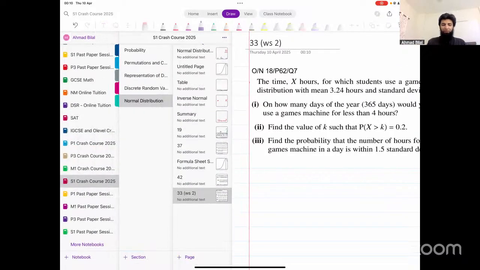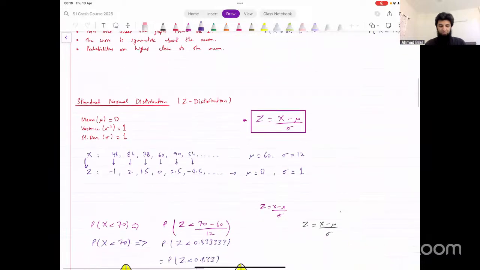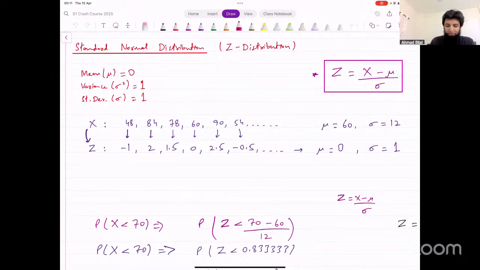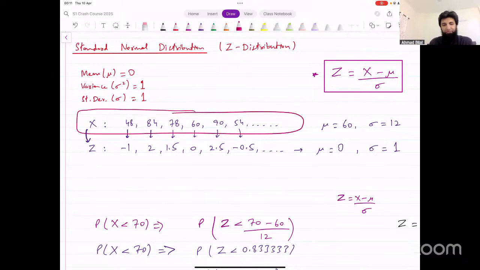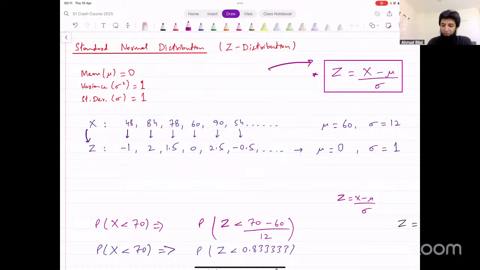Remember when we started normal distribution, we talked about the z values. Now notice something about z values, because that's going to be very helpful in doing some questions more efficiently. So I wrote down some values of x, and for each of those values of x, I showed you how to calculate z using this formula. Now notice something.